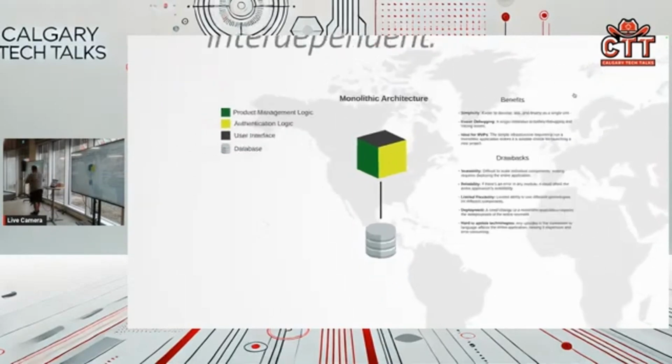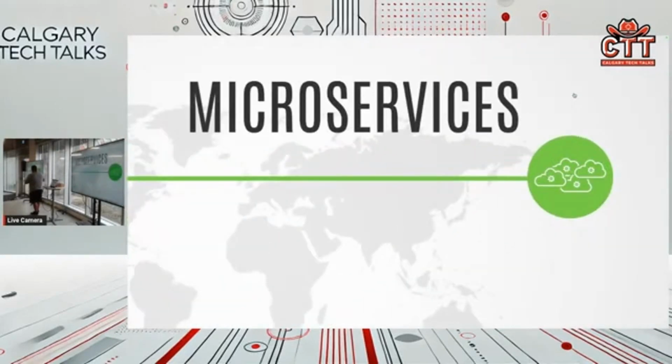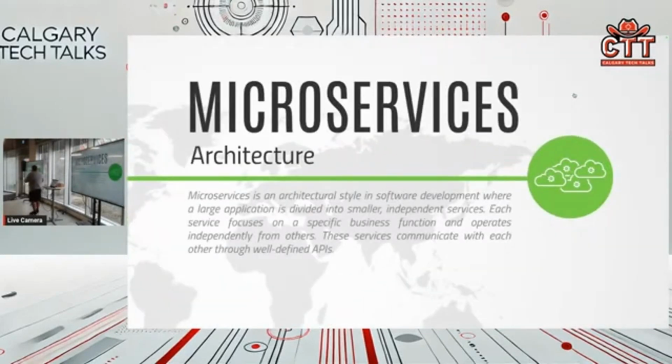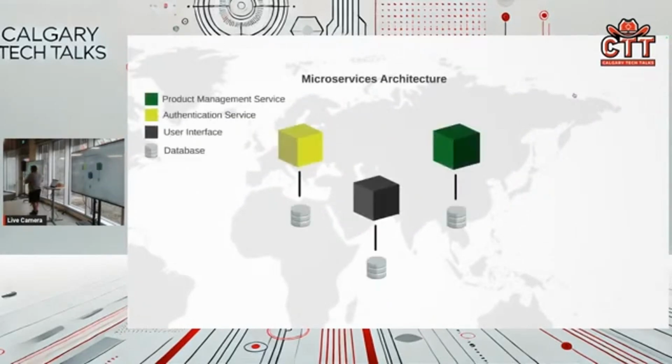Now that we know what a monolithic architecture is, let's talk about microservices architecture. Basically, in microservice architecture we have the same idea of segregating stuff. Using the last example, let's convert the monolithic application that we have into a microservice architecture.